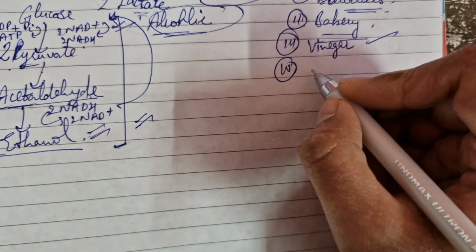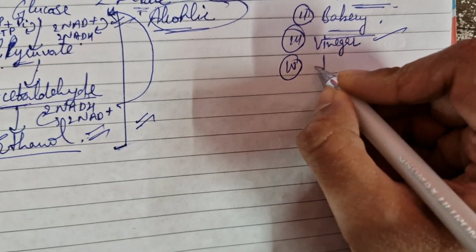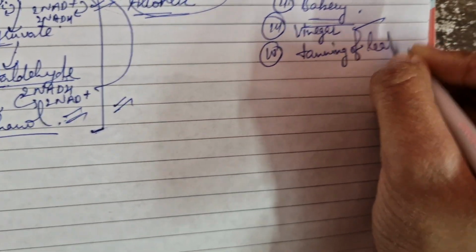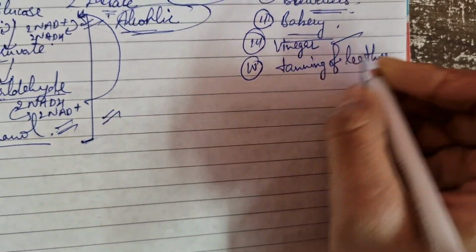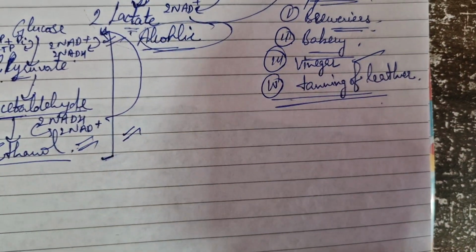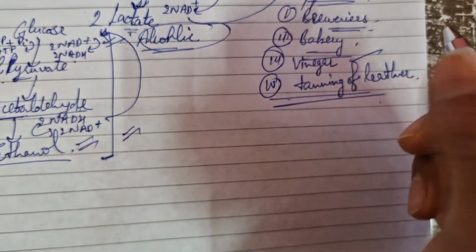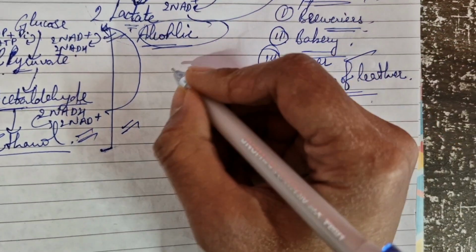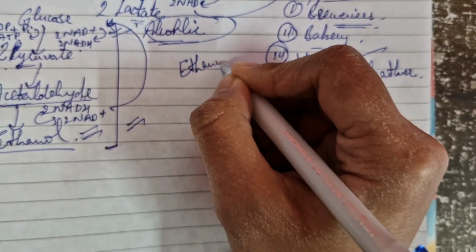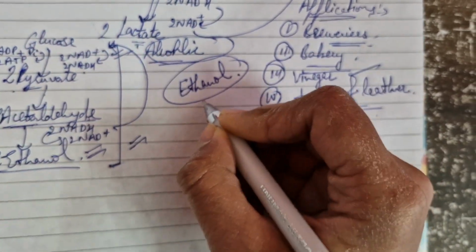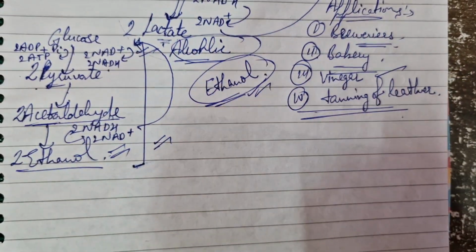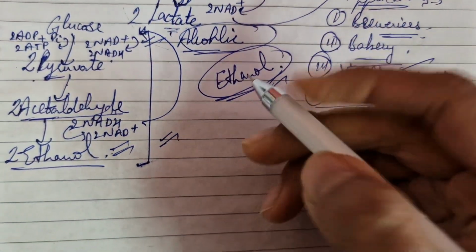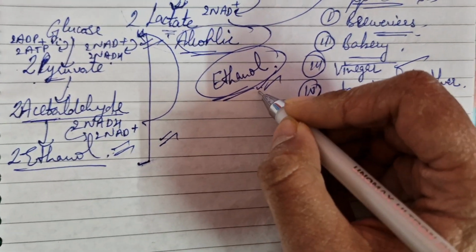Also it is important in the tanning of leather. Ethanol made by this process of fermentation has wide application in the field of chemistry itself and other medicinal uses.